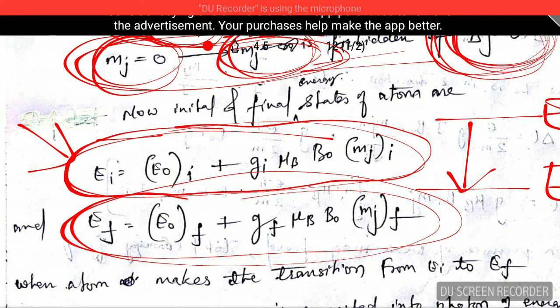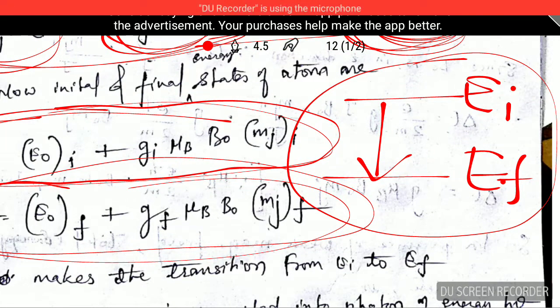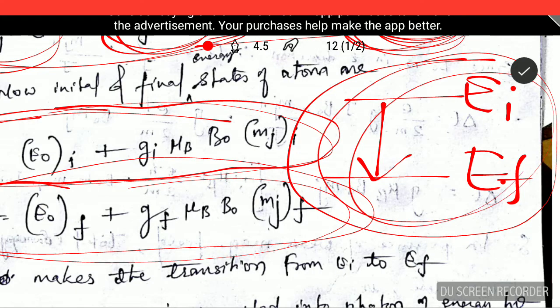Now the atom makes the transition from the initial energy state to the final energy state.